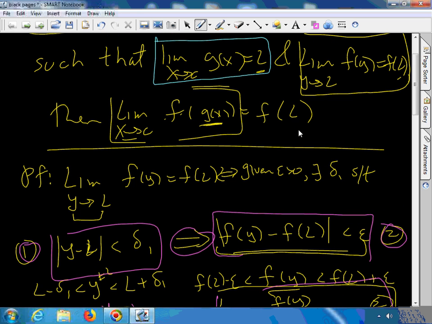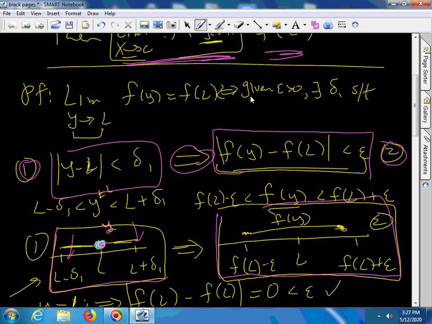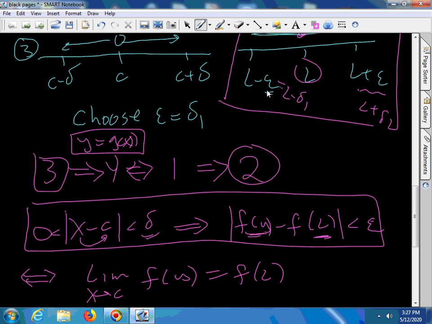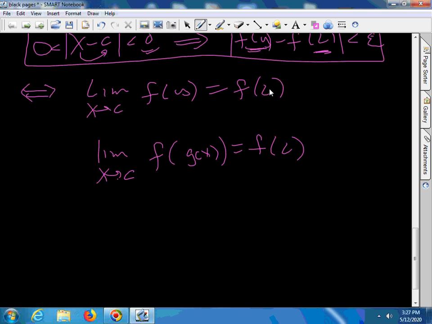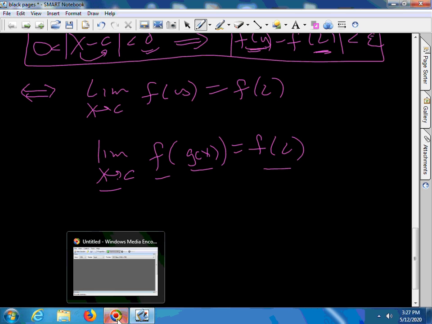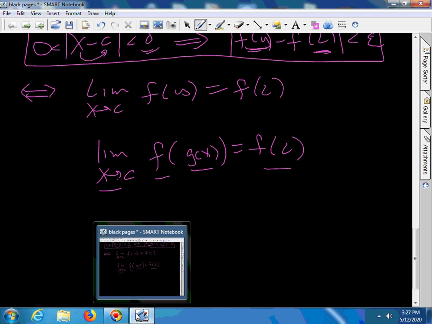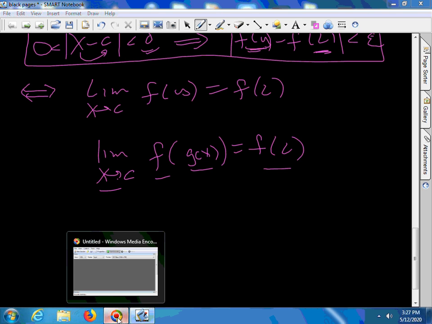Let's go all the way to the top, and this is what I wanted to show: the limit of f of g of x equals f of L. Long proof, but we got it. We actually composed it.